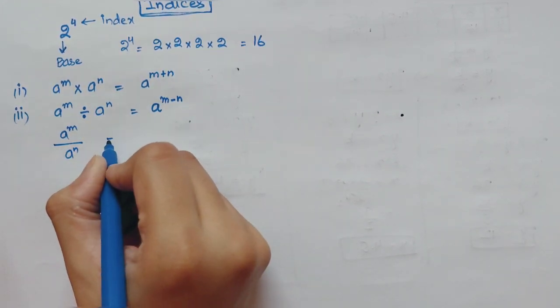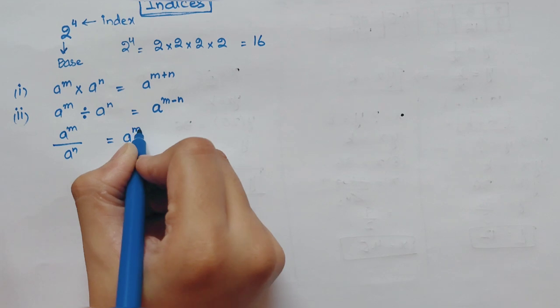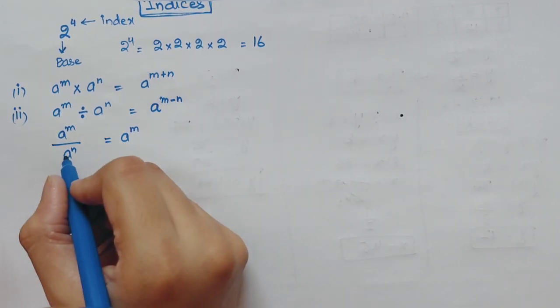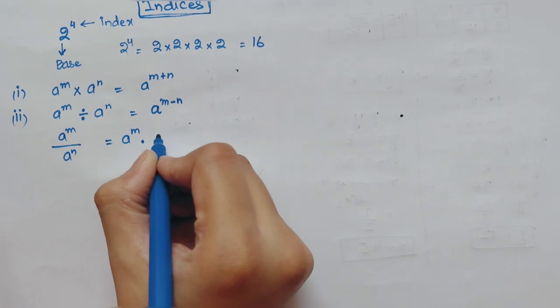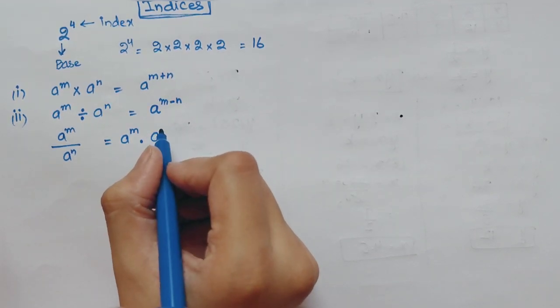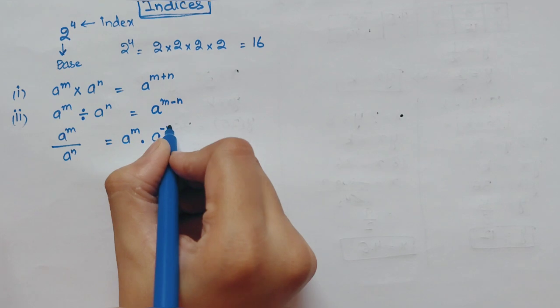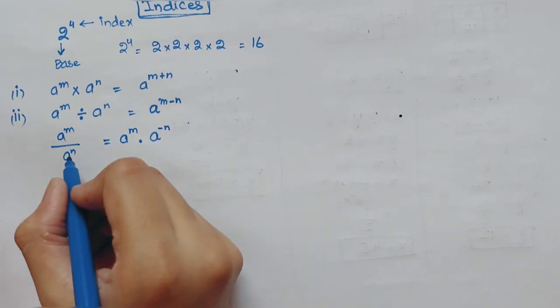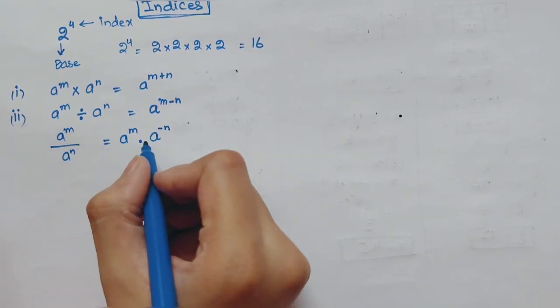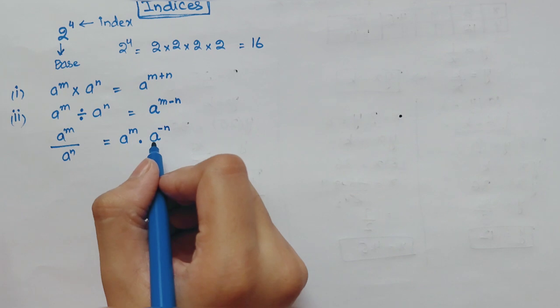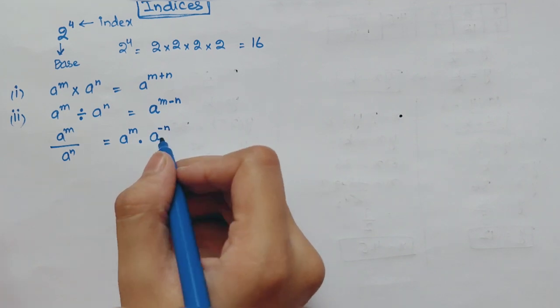We know that when something is in the denominator and it goes to the numerator side, its power becomes negative. Here it is a power n. When it comes to the numerator, its power becomes a power minus n.